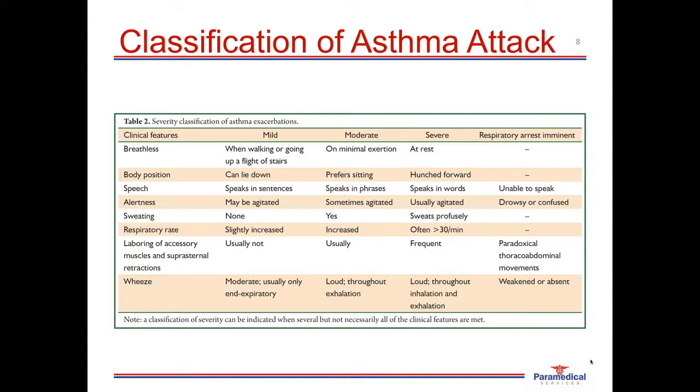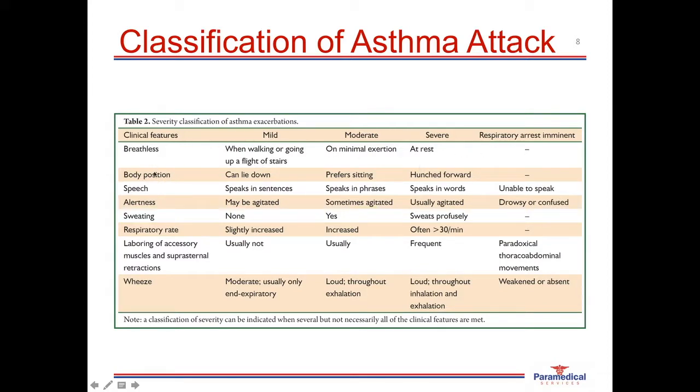The signs and symptoms that we have spoken about help us to differentiate whether somebody's having a mild, moderate, or severe asthma attack, or if it's now where it's a life-threatening condition and respiratory arrest is imminent. In the category of breathlessness, the patient starting off with a mild condition only gets breathless after walking or going up a flight of stairs, and this progressively worsens through each category.